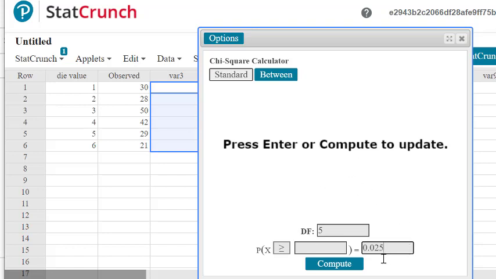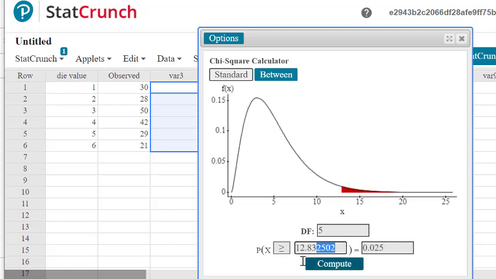So 0.025 is the probability that we want. And we want to know what the marker is for this to give us a 0.025 area. So let's compute it. And we see that it's 12.8325. Okay, so that's the other way to find your critical value.